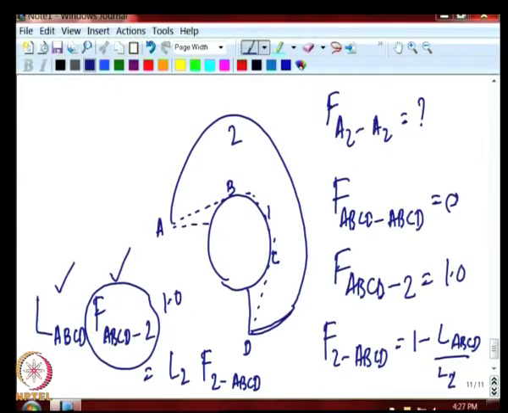But you wanted F 2 to 2. That comes out easily, because we know that F 2 to ABCD plus F 2 to 2 is equal to 1. By applying the law of conservation of energy, any radiation leaving 2 has to come back to itself or go to ABCD.